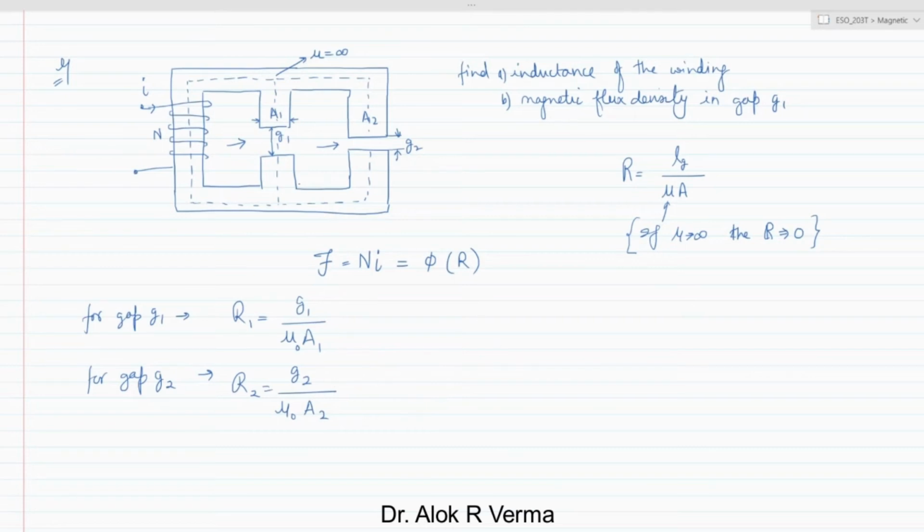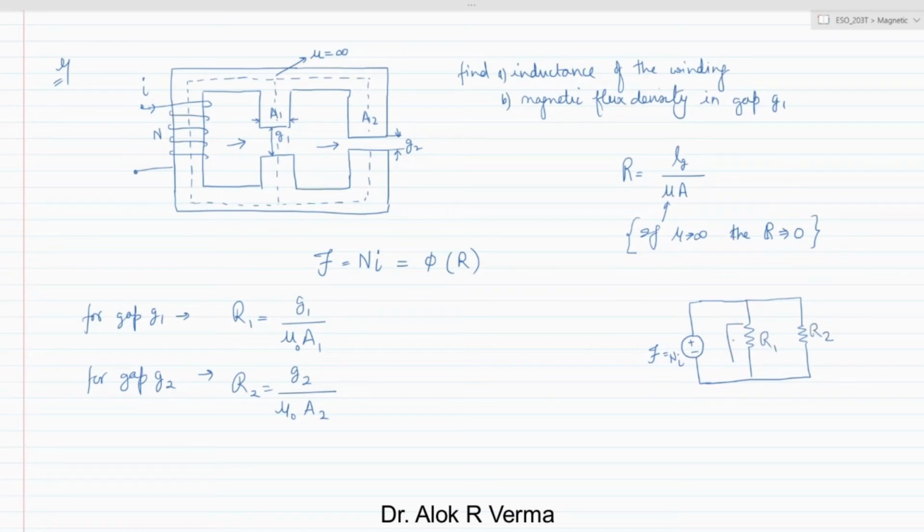So what will be the total reluctance? If you see clearly the electrical equivalent circuit, we have to find the effective reluctance. This is Ni, this is R1 and this is R2.